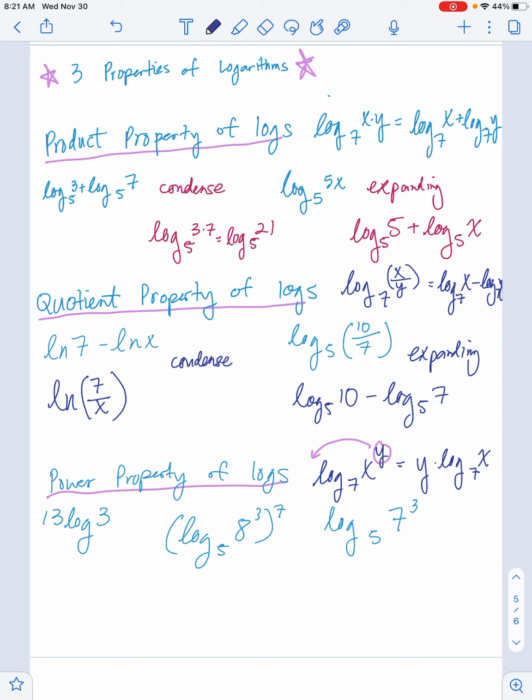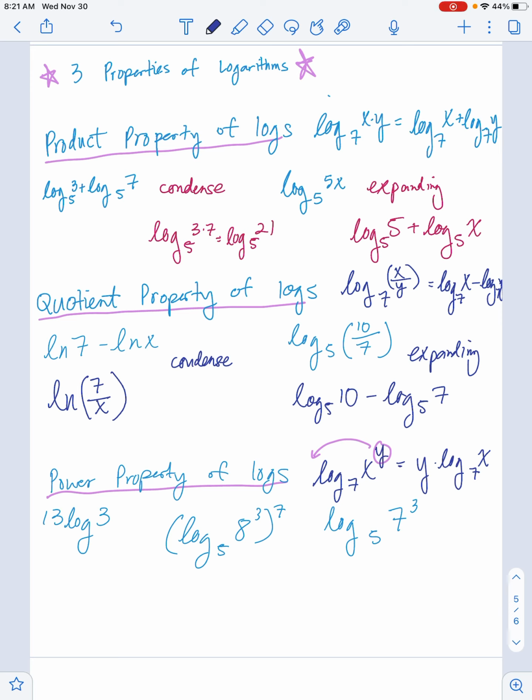Okay, so if I'm looking at this condensing version, I have one example here of condensing. I have a 13 times log, common log of 3. Right? There's no base here, so I know it's common log base 10.